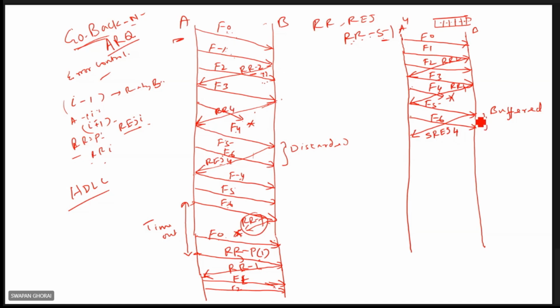Here you see, it will ask to send the damaged frame only, not the succeeding frames 5, 6. So selective reject 4. After getting this acknowledgement, A will resend F4, because F4 is lost.